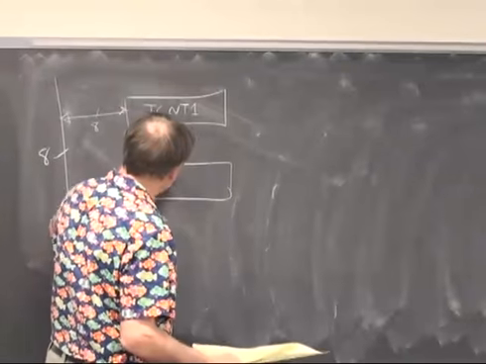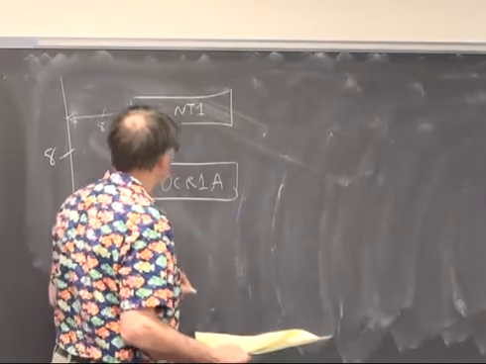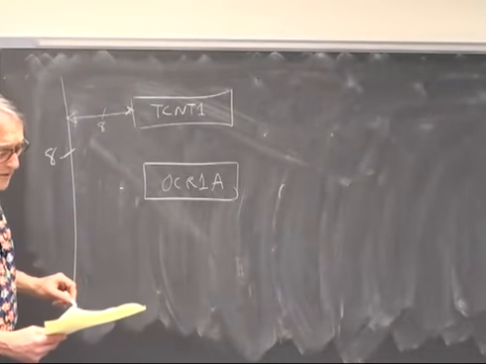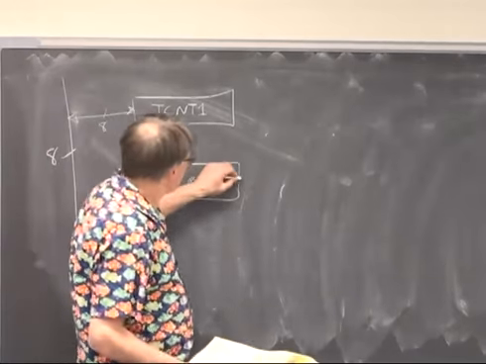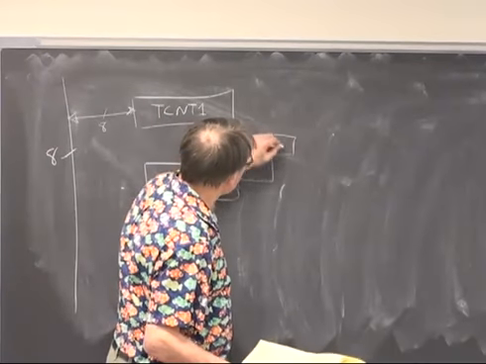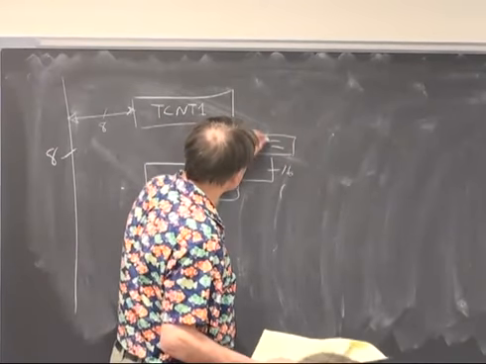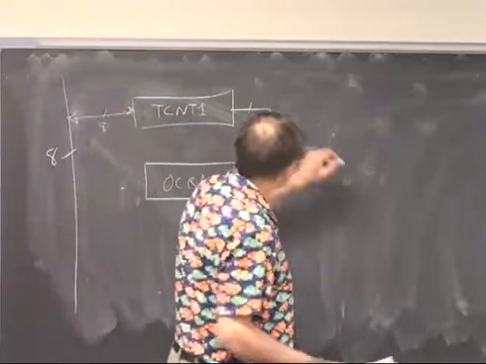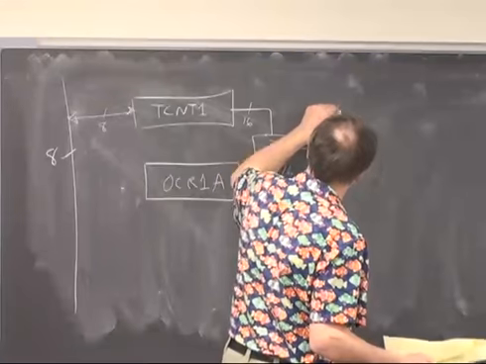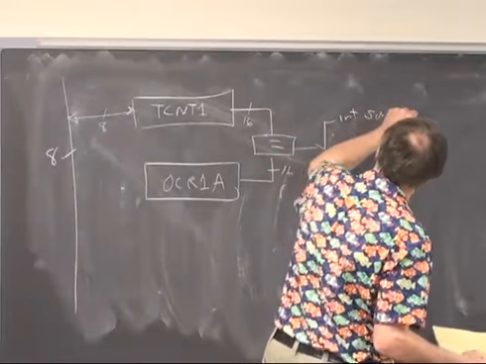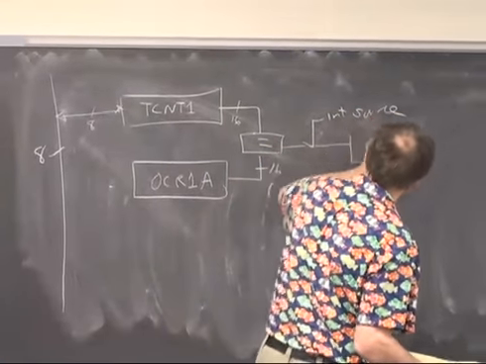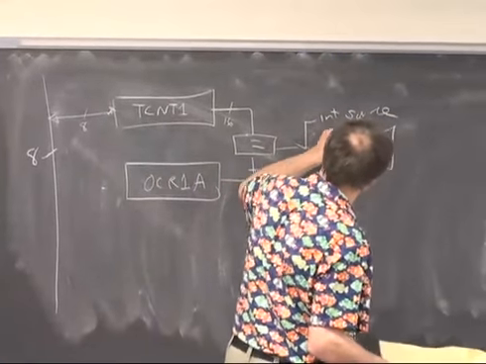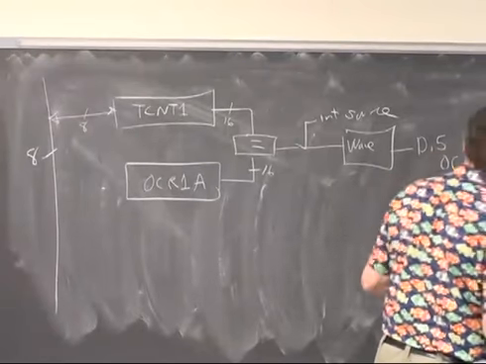There's also OCR1A, output compare register 1A. This works like the timer 0 compare register, except again it's a 16-bit compare. This can be an interrupt source. It can also go to a waveform generator, which goes onto pin D.5, which is OC1A, logically speaking.